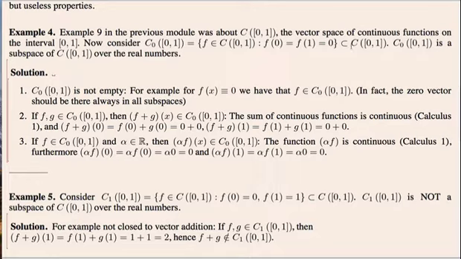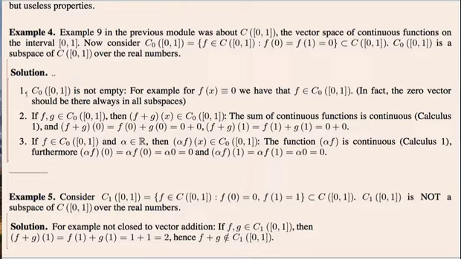It's easy to see that this is a subset of the continuous functions. We restrict the continuous functions to the cases where the value at the two endpoints 0 and 1 of these functions is 0. It turns out that this subset is actually a subspace. This C0 is a subspace of C over, for example, the real numbers.